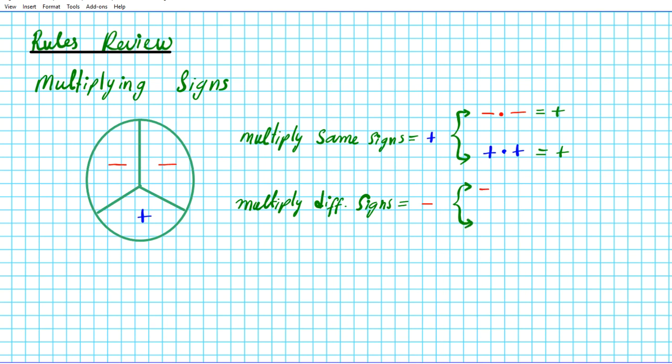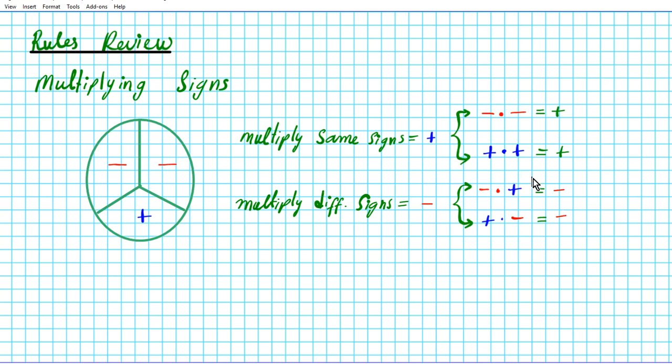If you have minus times plus, what do you think the answer is going to be? Minus times plus is going to be minus because the signs are different. What if you have plus times minus? Since the signs are different, plus times minus is going to be equal to minus also.